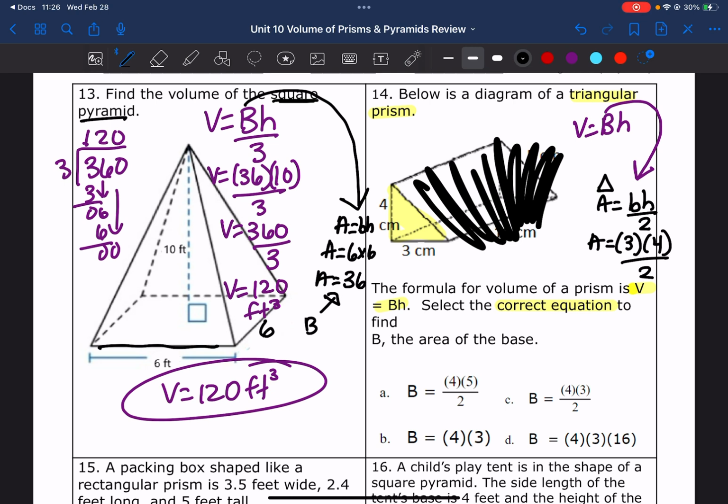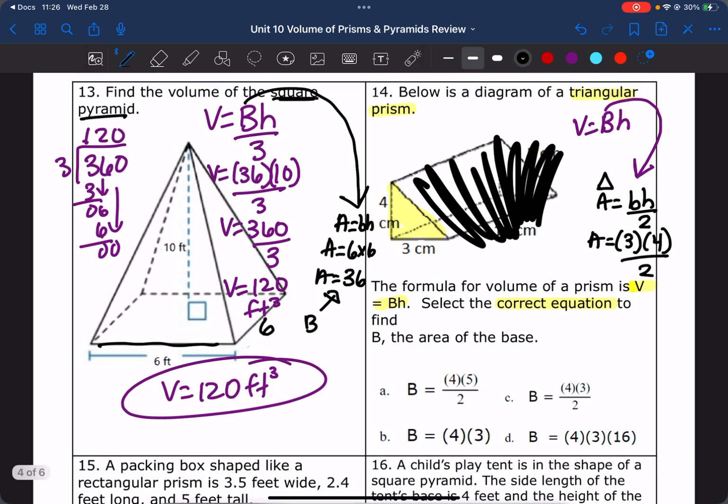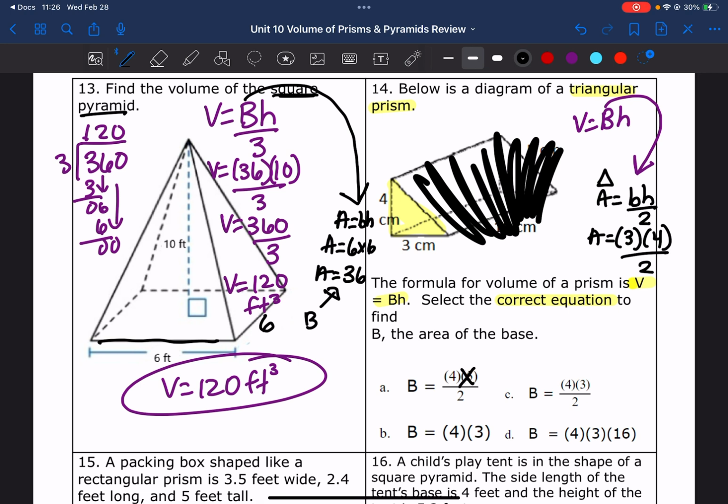So if I look at what I just wrote, which of these looks like that? This one says 4 times 5. I don't need 5, okay? That can't be it. If I look at B, it has 4 times 3, which, okay, different order, but still correct information. But it's missing divided by 2, so it cannot be this one, okay? Now, if I look at C, it has 4 times 3 divided by 2. Check. It looks exactly like what we have.